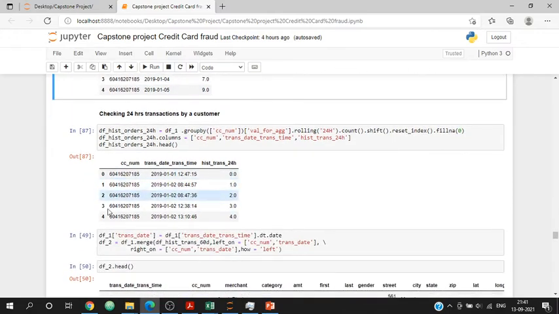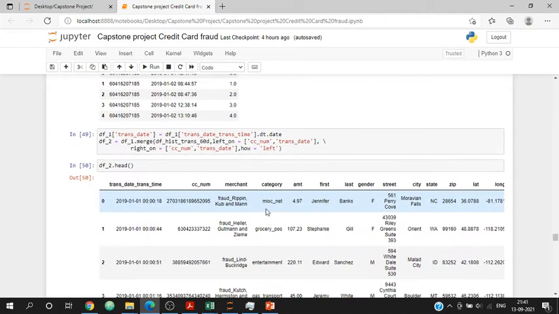Within 24 hours it varies, but this 24-hour concept may affect our model. The model may not behave well with hourly transactions, because they are not in a proper pattern which happens regularly.